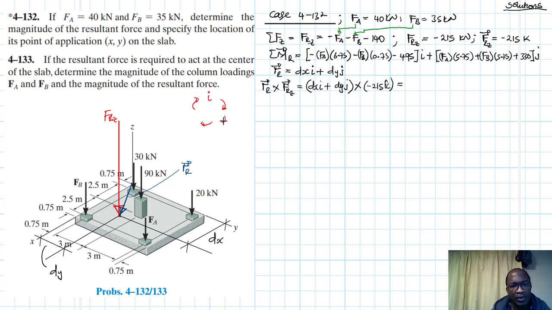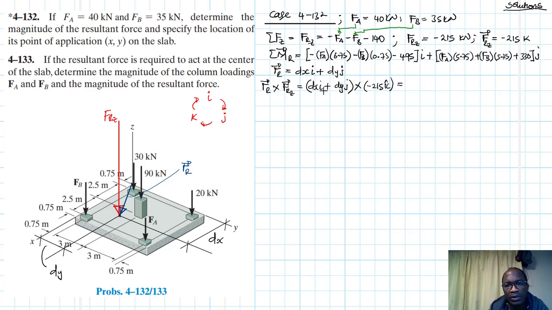I cross j is k, j cross k is I, and I cross k is minus j, k cross j is minus I, in that order, right? So let's work it out.